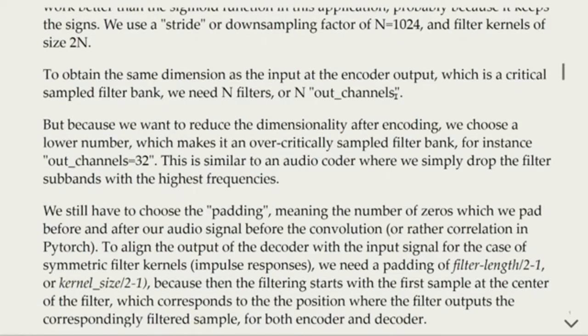But because we want to reduce the dimensionality after the encoder, we choose a lower number, which makes it an over-critically sampled filter bank. For instance, with out channels equals 32. This is similar to an audio encoder, where we simply drop the filter subbands with the highest frequencies.